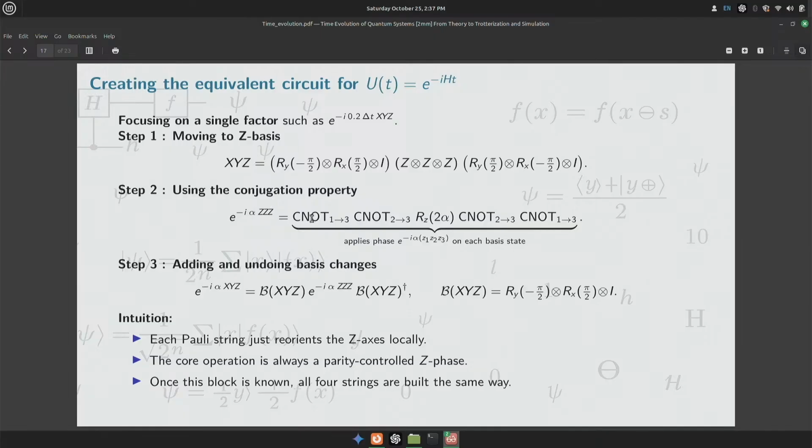So if you write the control qubit as 1 and the target qubit as 3, you can actually multiply these matrices and get exactly this form of the ZZZ. Now, just like I said, this is not a very straightforward way, not very simple either.